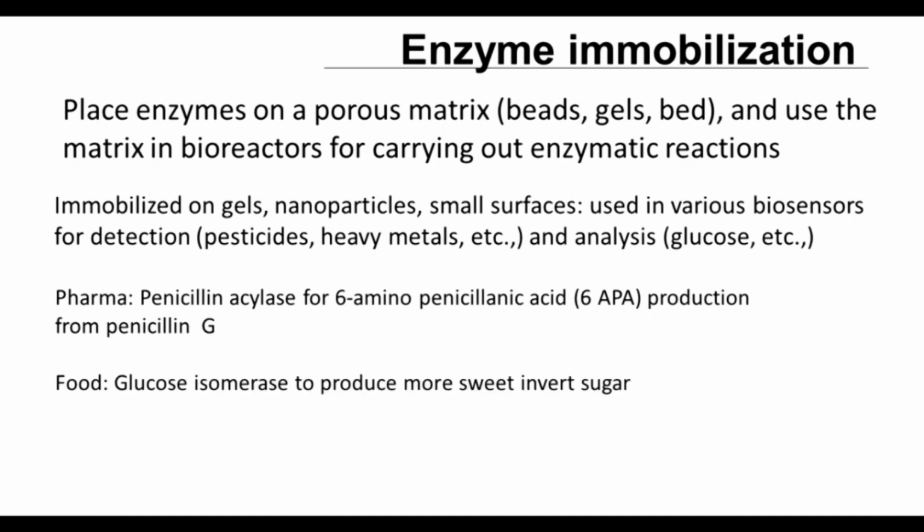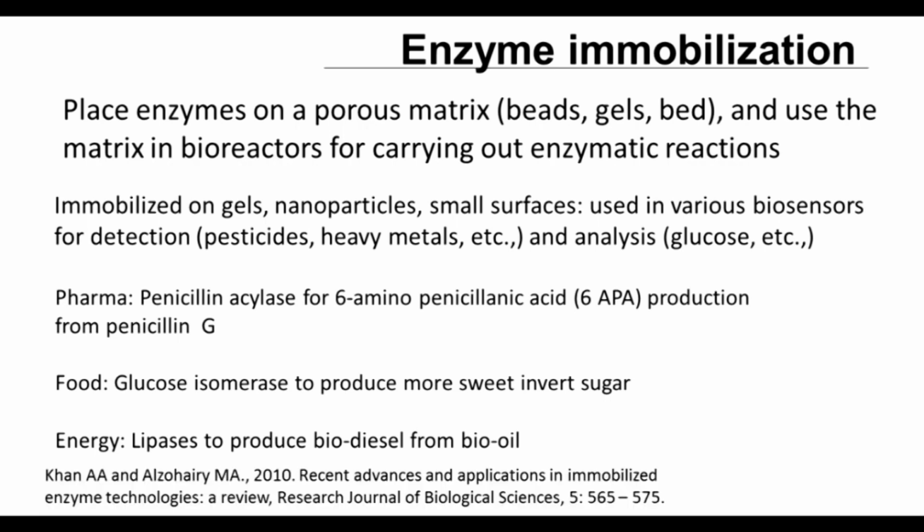In the food industry, glucose isomerase to produce sweet invert sugar, a mixture of glucose and fructose, is also done by immobilized glucose isomerase. In the energy industry, lipases to produce biodiesel from bio oil is carried out using immobilized lipases.